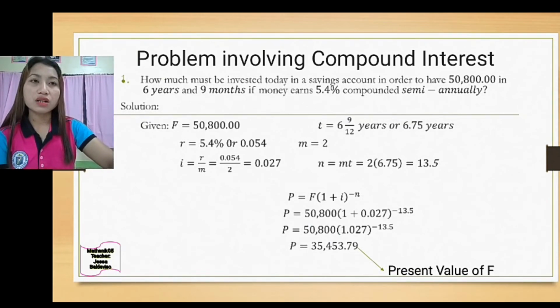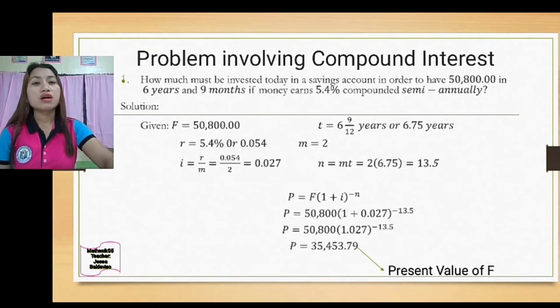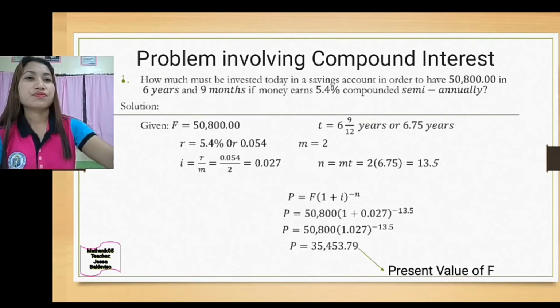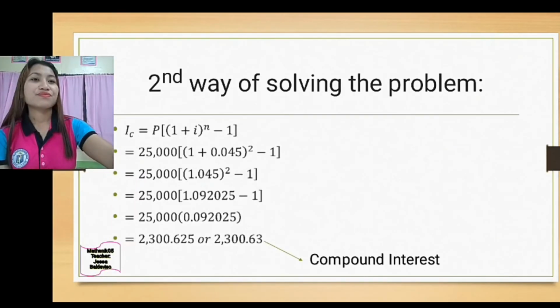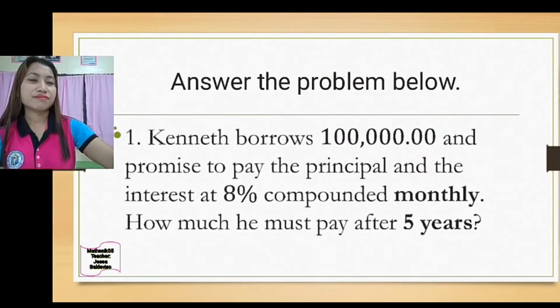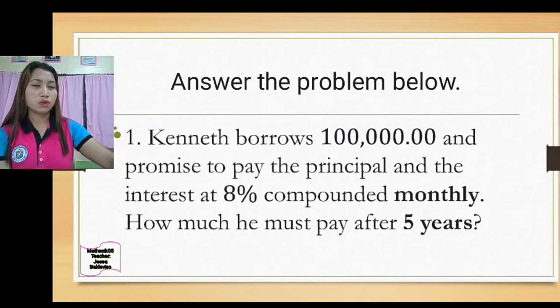So I hope you follow and understand this given problem. So this time, it is your turn to answer this question. So we have here your problem. So answer the problem below.